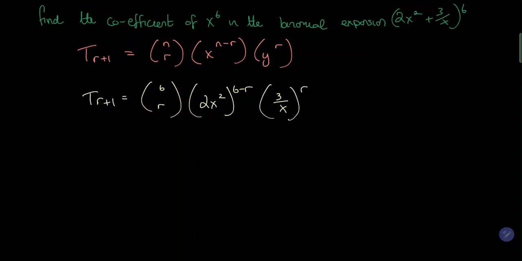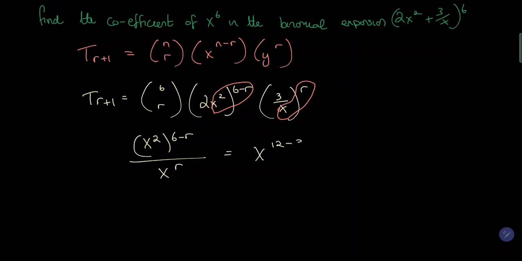So again, I'm only interested in the powers of x, so I'm going to take those out. There's x squared to the power of 6 minus r. And then underneath the line, there's an x to the r. So again, just this section and this section. We've already worked that out to be x to the power of 12 minus 3r.